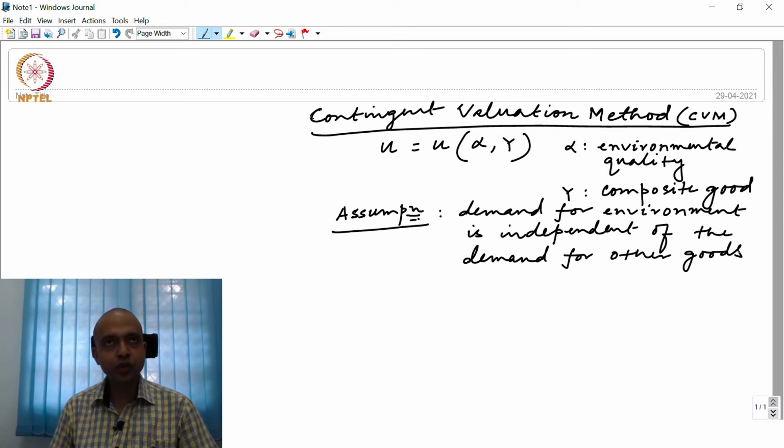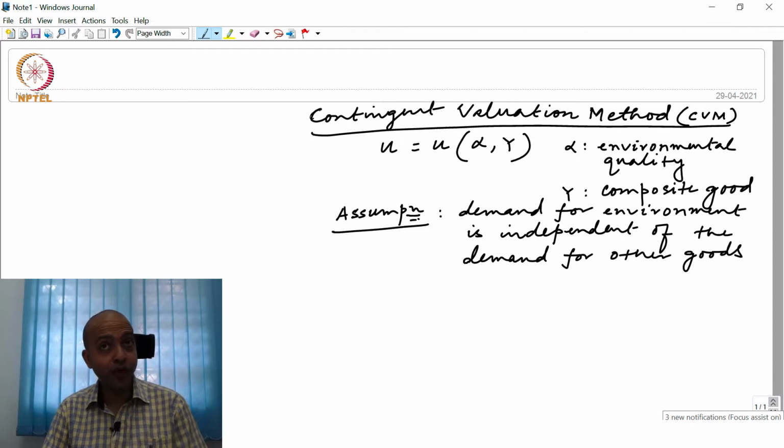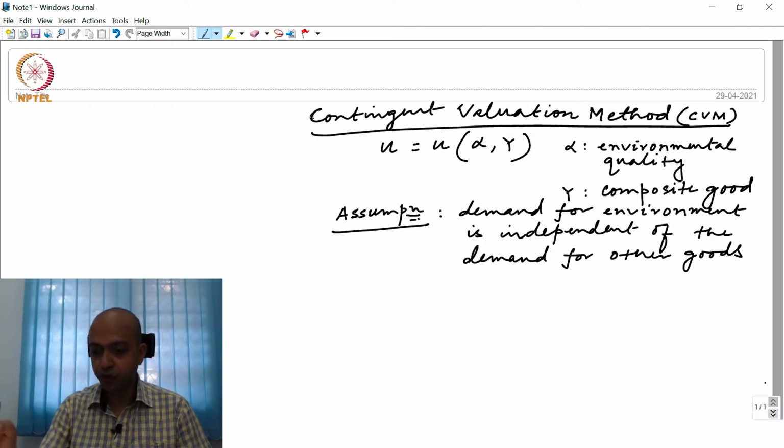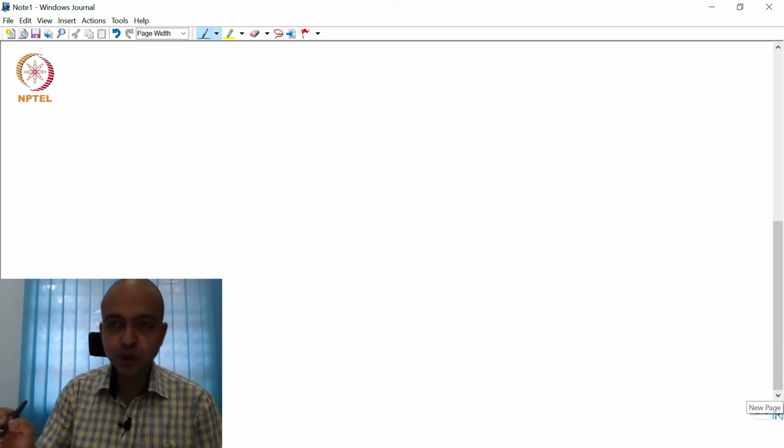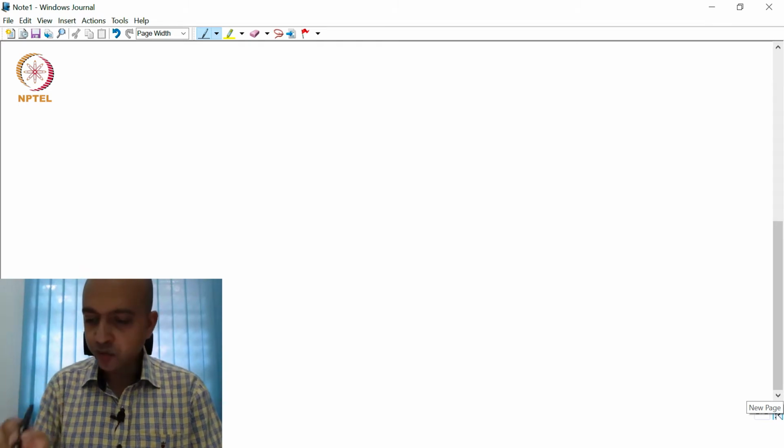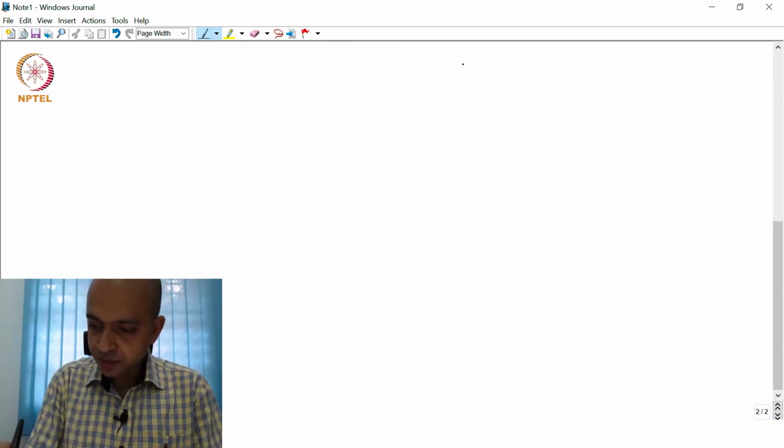So that means individuals derive utility separately from the environment and separately from the composite good. It's not that you have to buy both in a certain proportion, then only you will derive some amount of utility. Individuals derive some value or satisfaction from this environmental quality alpha and the composite commodity y, and the individual's total value curve looks like this.